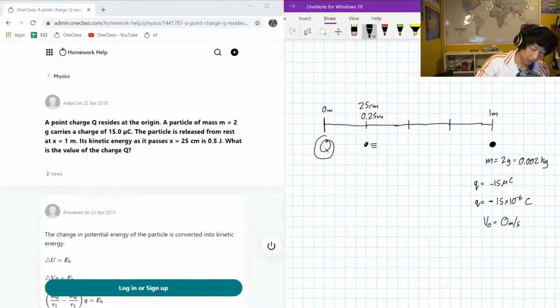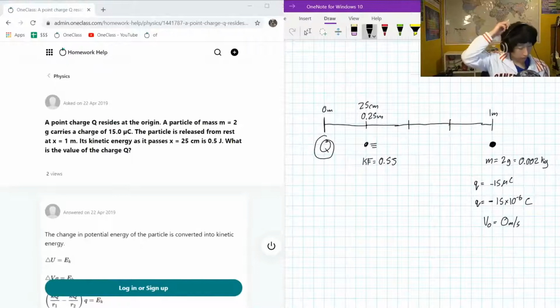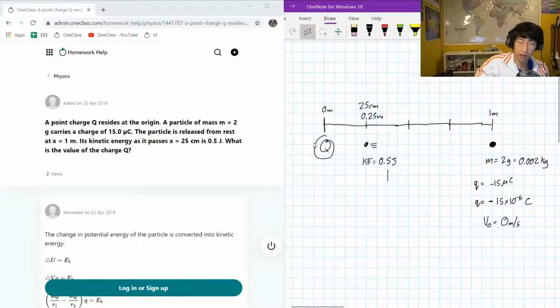Okay, so when we get to this point, it has a kinetic energy of 0.5 joules. So these are all of the things that were given. This is a pretty good representation, and we're trying to solve for Q.